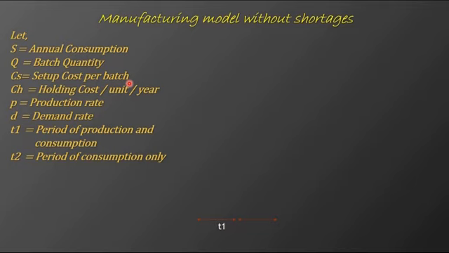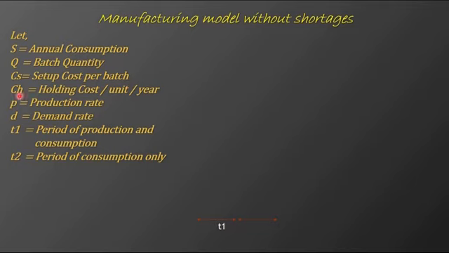Setup cost means when we are changing from one product to another in our product line, we have to change dies and tools, and it requires a short break of the production system, so there is a loss of man-hours and machine hours. The cost associated with all this setup comes under the setup cost per batch, and as the number of setups increases, the annual setup cost increases.